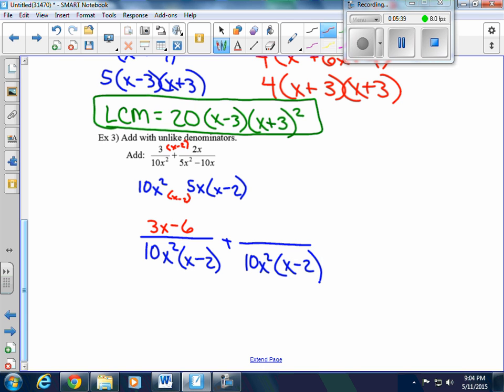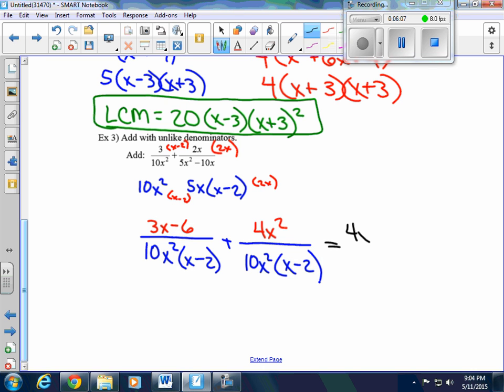In the second one, I'm going to need to multiply this by a 2x, because that'll get me to 10x squared times x minus 2. So that's going to give us a 4x squared. So now, since I have a common denominator, I simply add them.